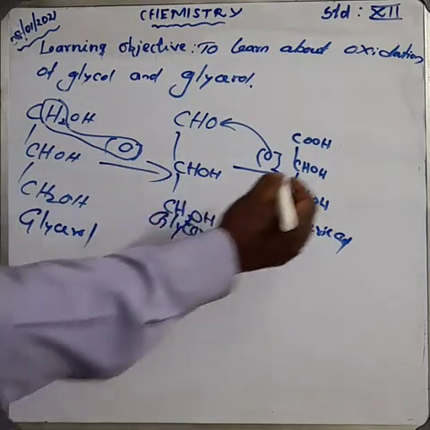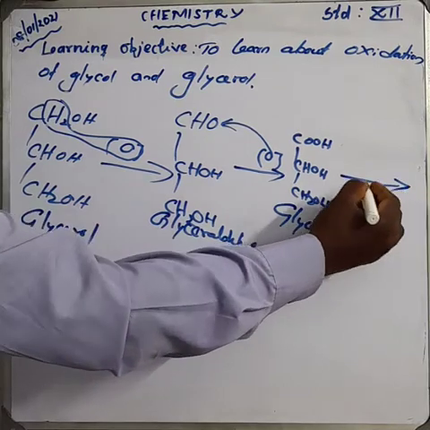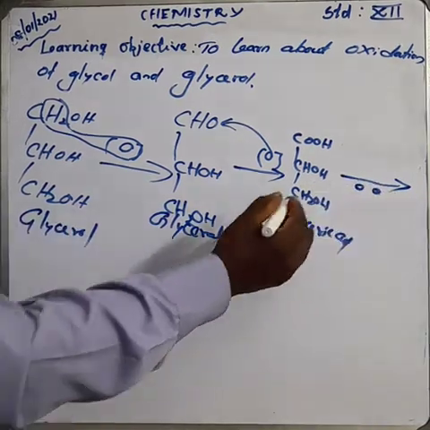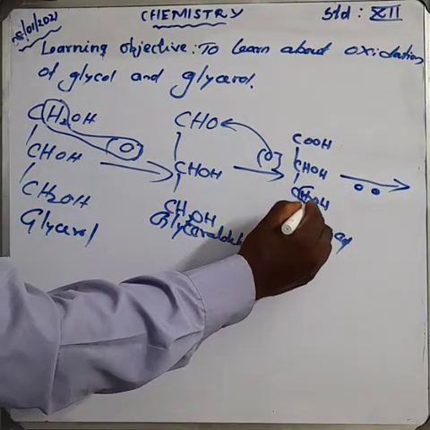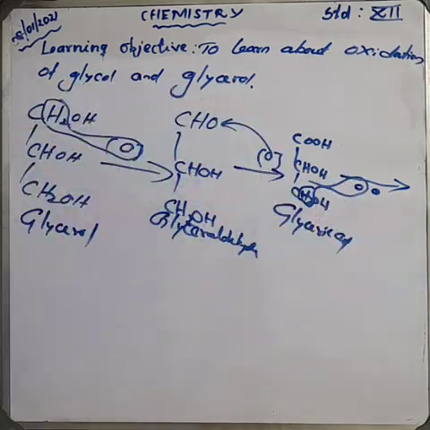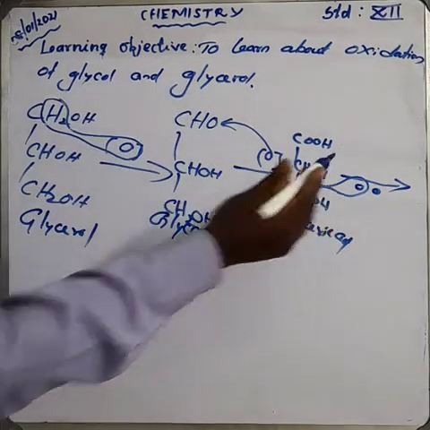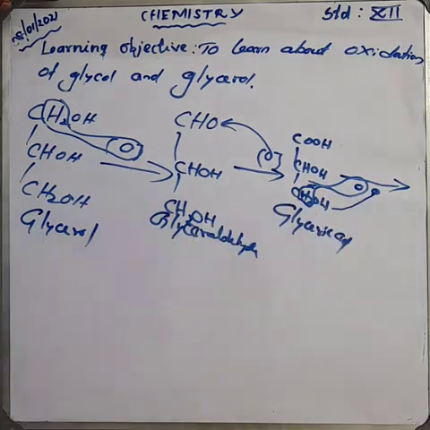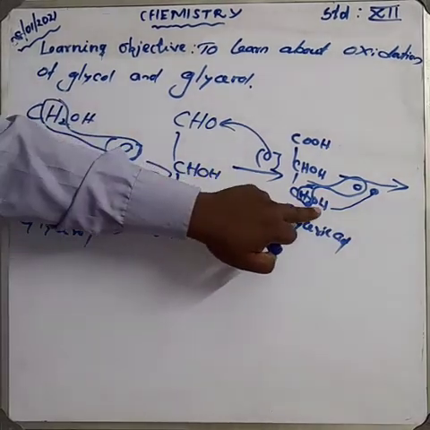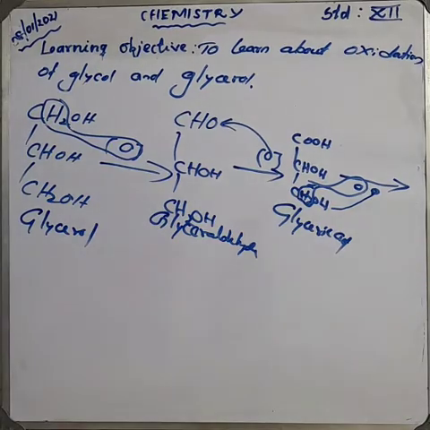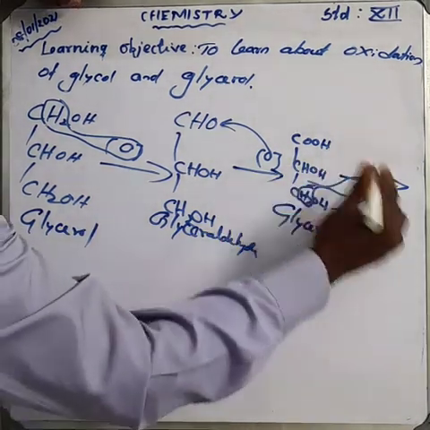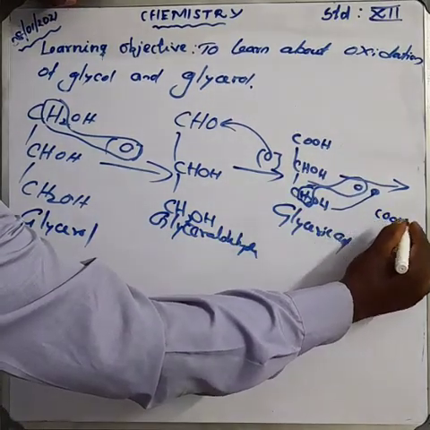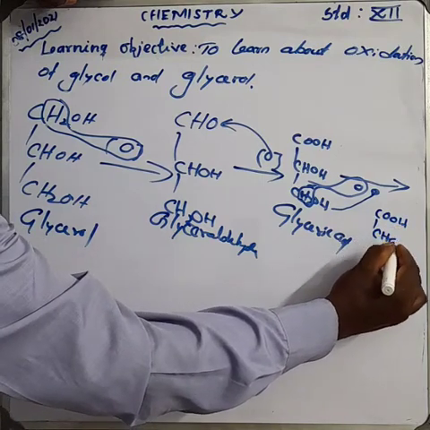Next, this glyceric acid undergoes oxidation. Here we can take 2 oxygen. The hydrogen combines with oxygen to form water. The remaining oxygen is added here. So we get COOH. What's the product? COOH, and there is also COOH. Second step CHOH.